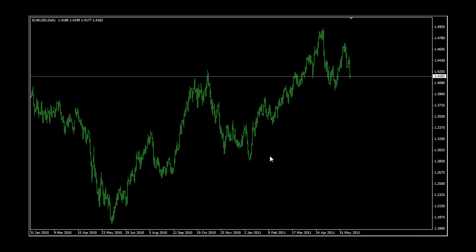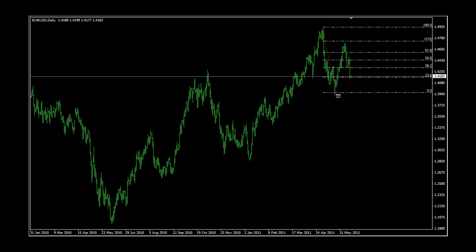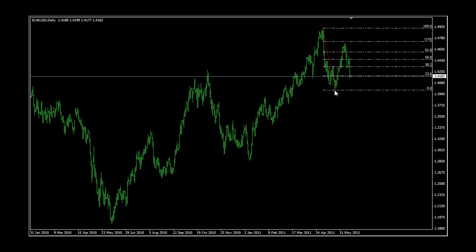So here is the euro or fiber daily chart. Notice that we had a nice drop down, and then we had a run up. This was the move that I was telling you in chat to look for. And if you take the high, draw it down to the low, it always unfolds the same way all the time.